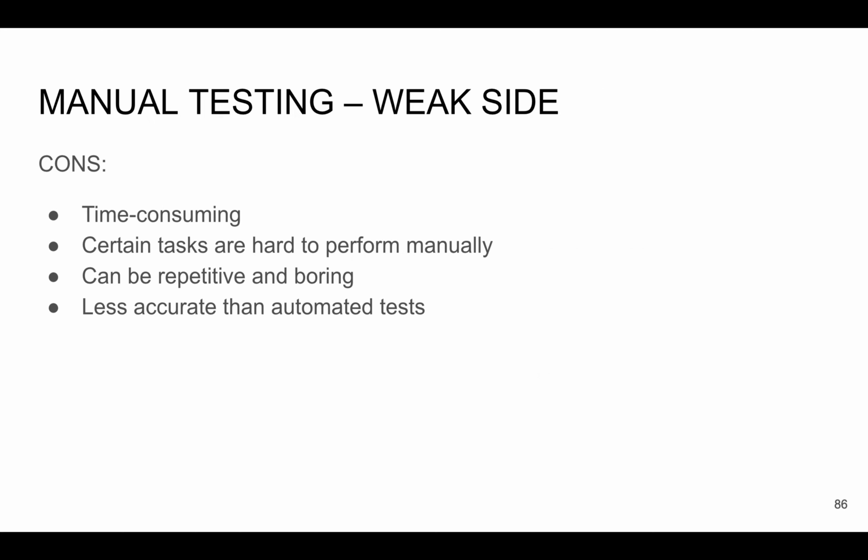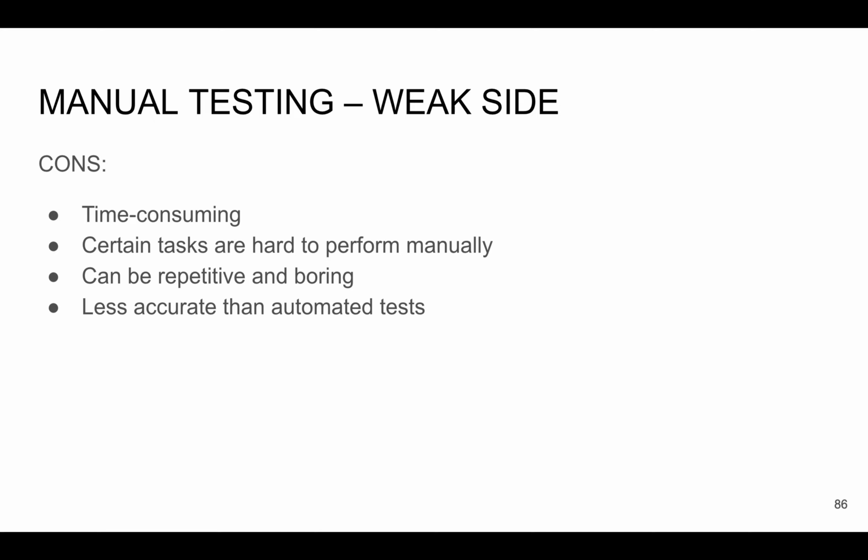The next thing we can cover is the cons of this approach. Manual testing is really time consuming. If you're working with a huge project developed by a huge number of people over a long time, manual testing will take a lot of time because there will be a lot of different pages, components, and different test cases that should be covered. So manual testing in this case isn't the best solution.